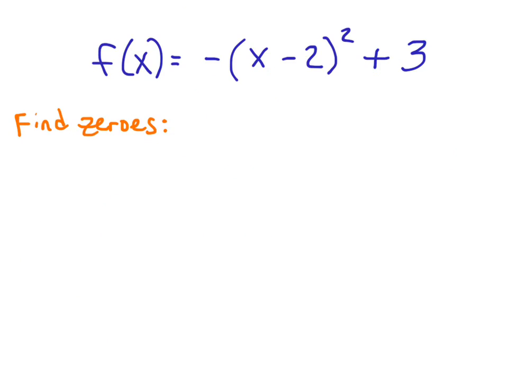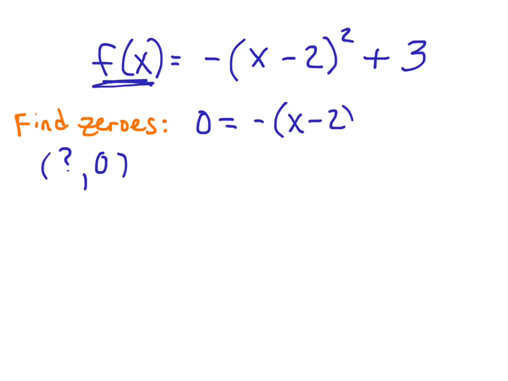Alright, how about the zeros? Remember for zeros, we're looking for points where the y-coordinate is 0, and then we're looking to see what the x-coordinate would be. So to do this, I just need to let the y-coordinate be 0, so in this case f of x is always the y-coordinate. So I have 0 equals negative, and then I just rewrite the rest of this equation.